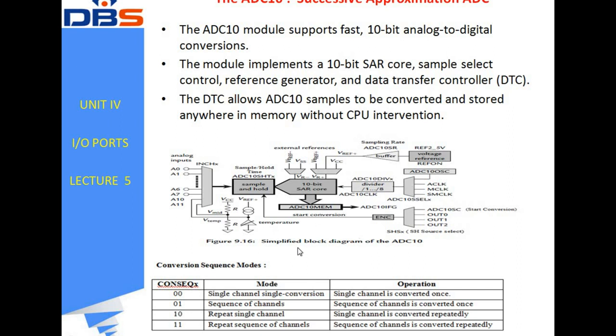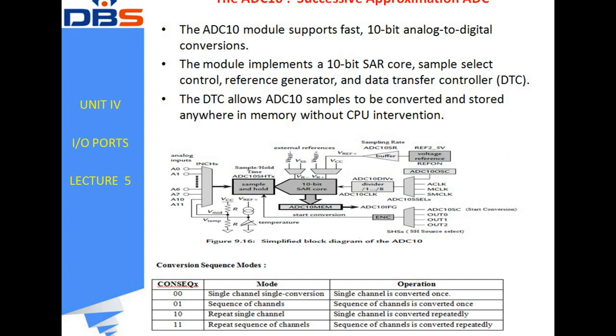Coming to this block diagram of ADC10, here you can see a sample and hold circuit. That means the analog inputs, the input which we are receiving from the external devices.